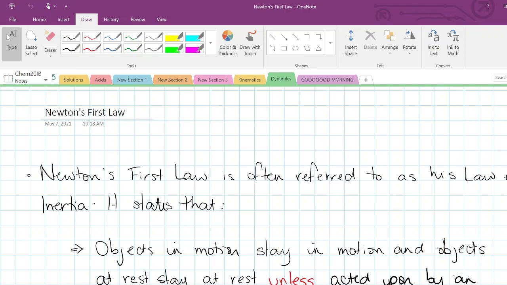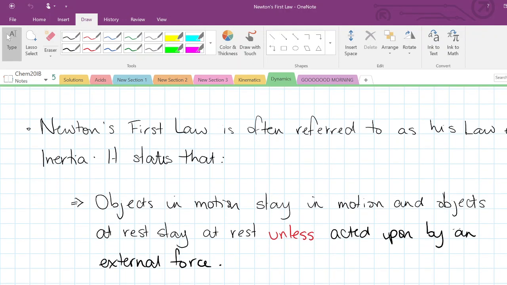Newton's first law basically states that objects in motion stay in motion, and objects at rest stay at rest unless acted upon by an external force, right? So unless something external applies a force to the object, the motion of the object is not going to change.